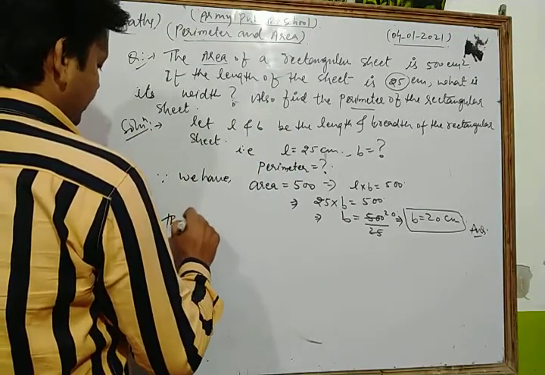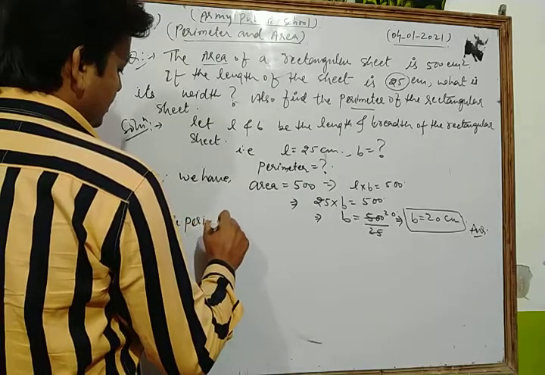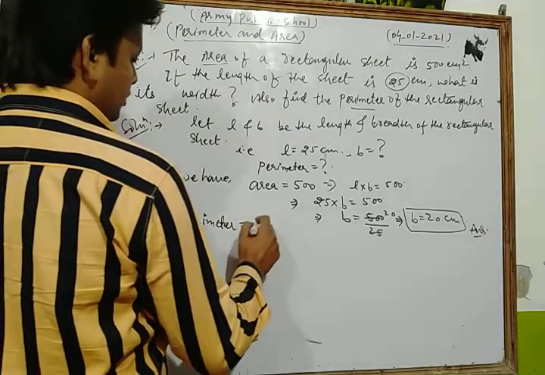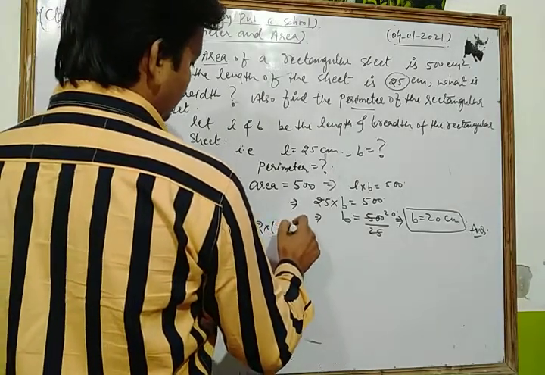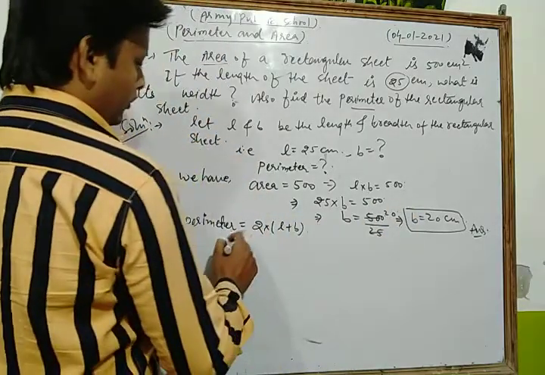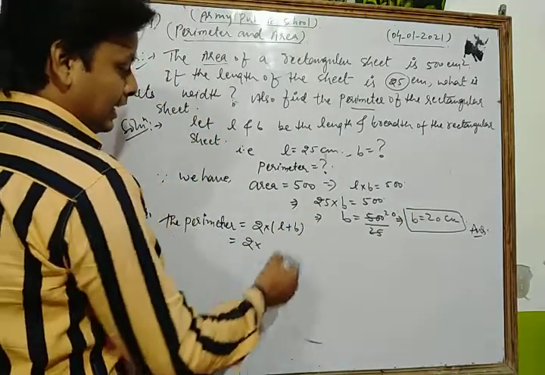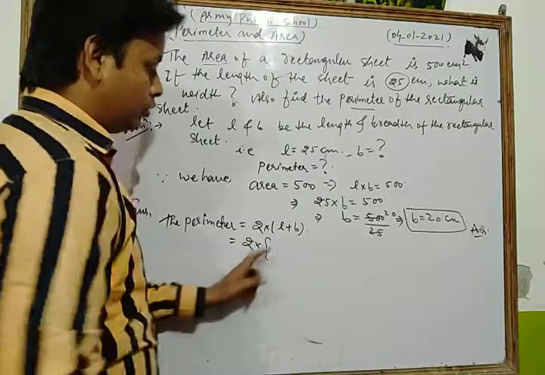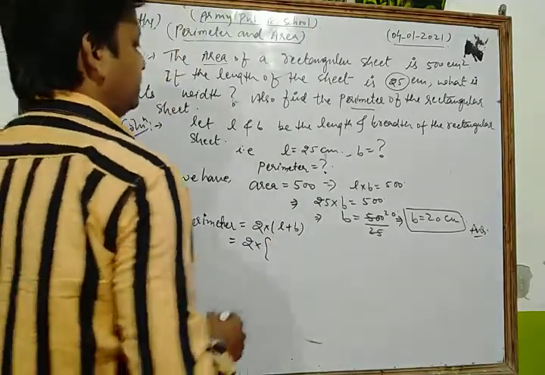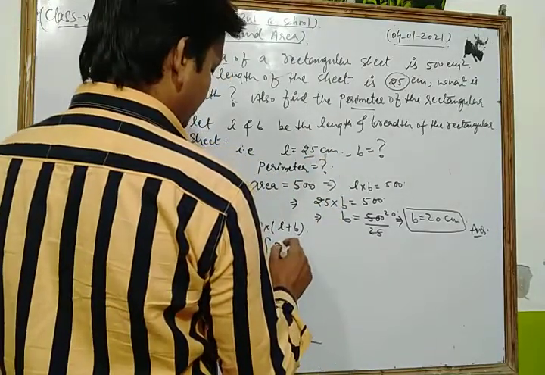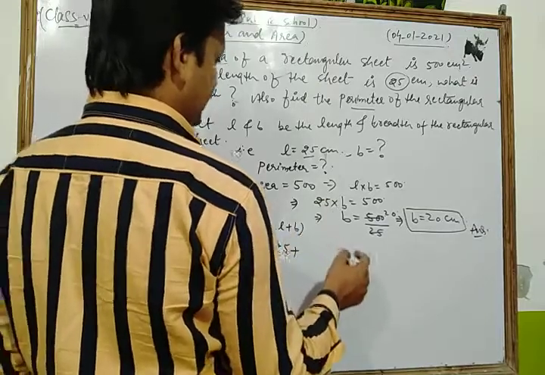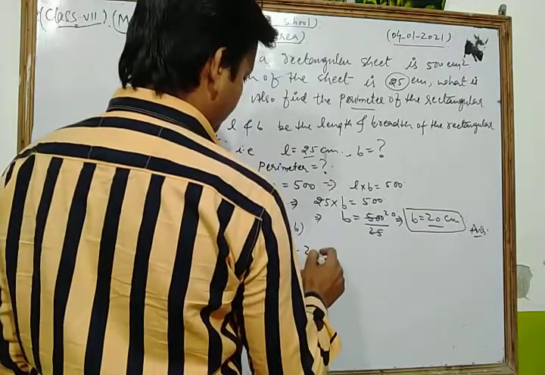Thus the perimeter is given by 2 into length plus breadth. So we put the values of L and B in this formula. Here the value of L is 25, plus the value of its breadth, 20.